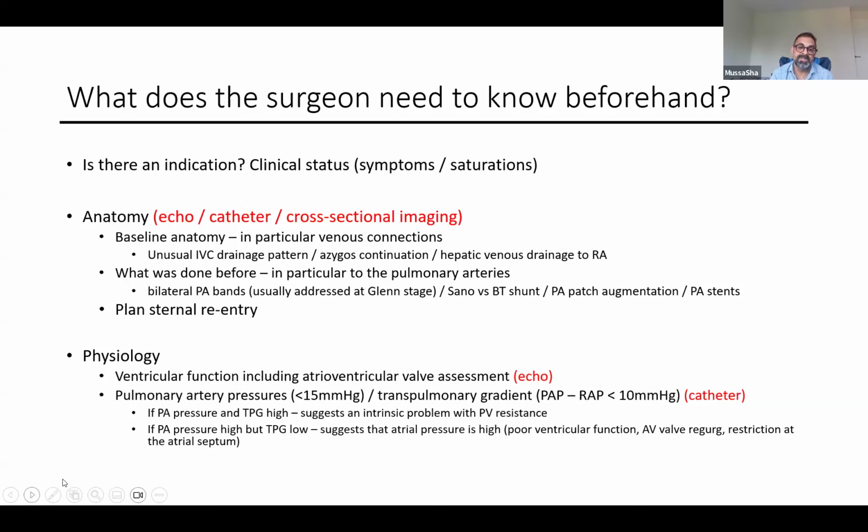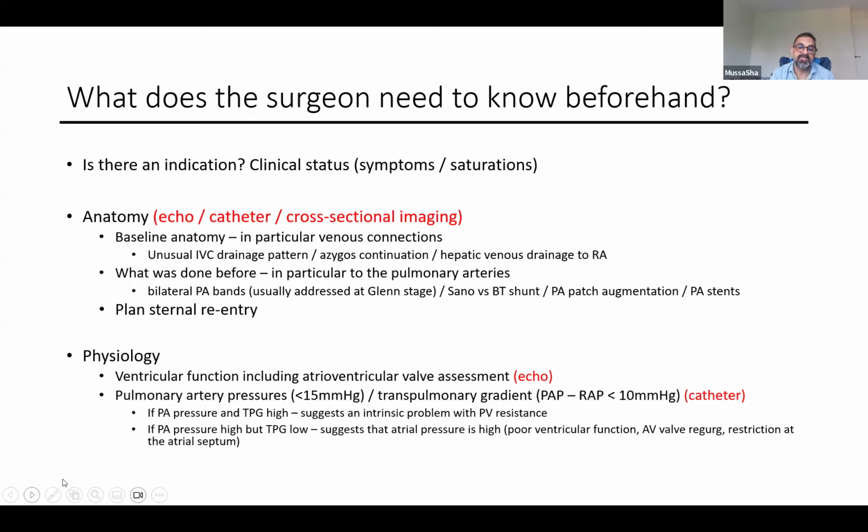Okay, so the pulmonary artery pressures ideally would be below 15 millimeters of mercury and a transpulmonary pressure gradient of below 10. And that is the mean pulmonary artery pressure minus the atrial pressure. So that number needs to be below 10, ideally.